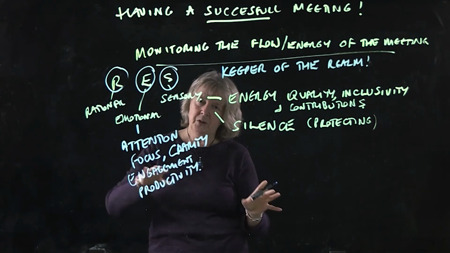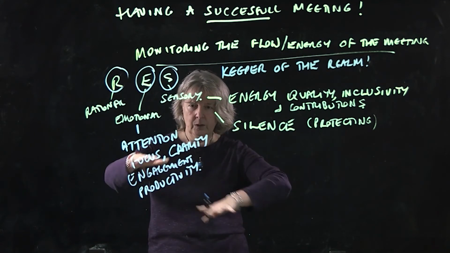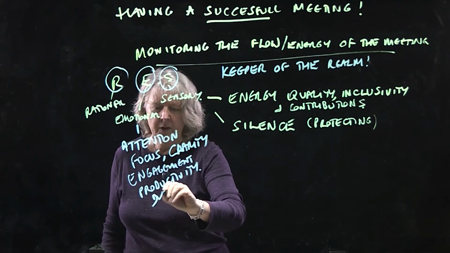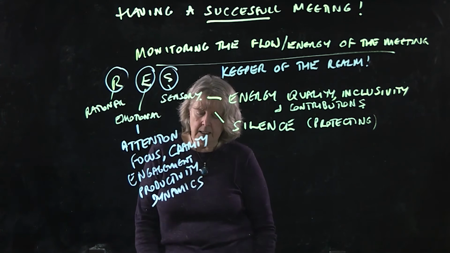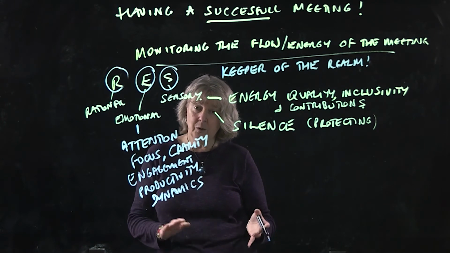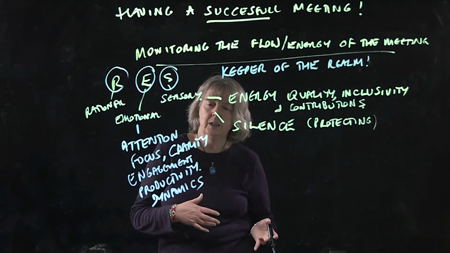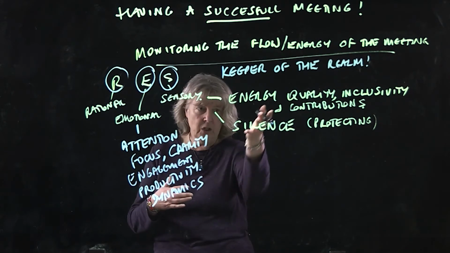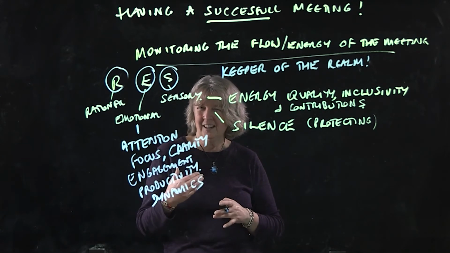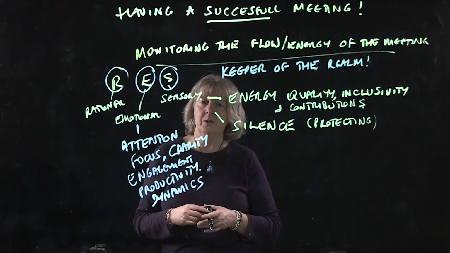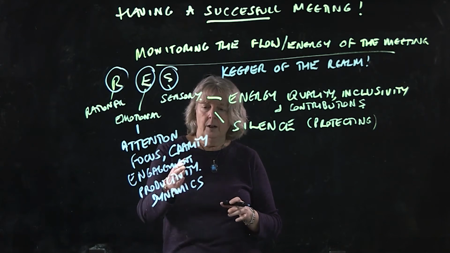So a person who's good at emotions can watch the dynamics going on between the participants, monitor them, and even with a few little questions or a shifting of body language, turning your attention, turning your physicality, your sensory towards the person that's talking, anything like that, that's another way of communicating information.